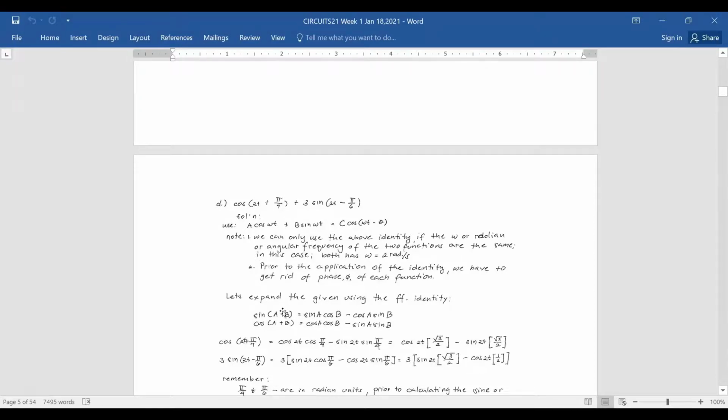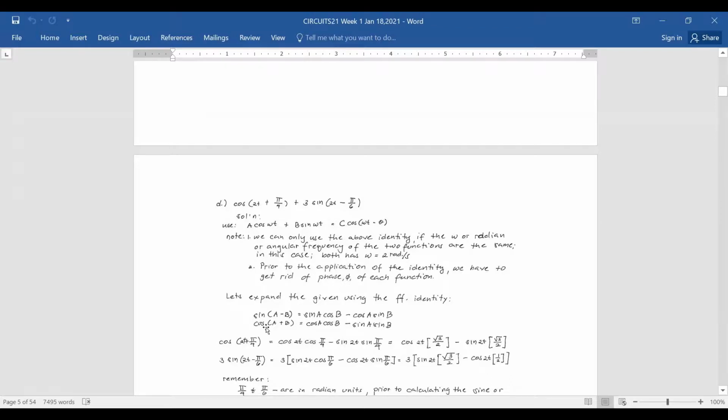Okay, we use negative there because in our given here, we have a negative 5 over 6 here. So that's why we follow this sine A minus B, not sine A plus B, because of that given sign for our sine function here. Then next, cosine A plus B. We use this cosine A plus B because of this given function here, at the same time because of this sign here.